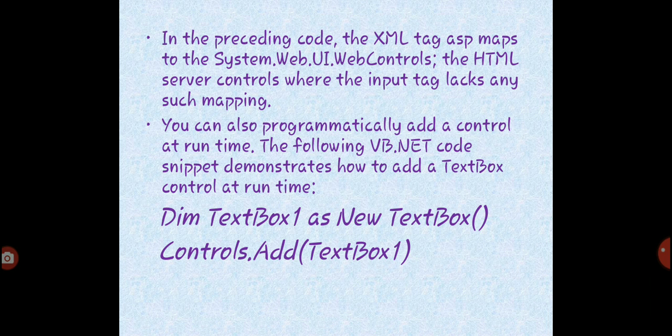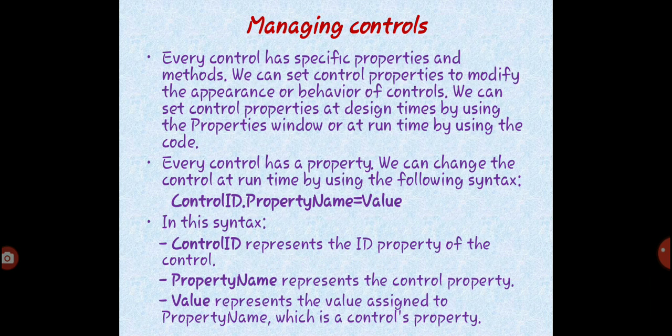So that is how TextBox1 is added in the web form, right? So we have seen 3 types of coding for creating a single control, the text box. We have seen the HTML coding, the XML coding, and the VB.NET snippet, right?